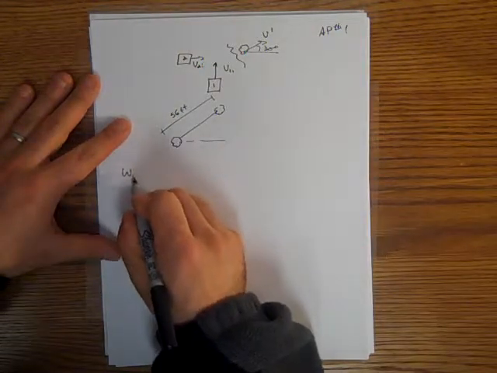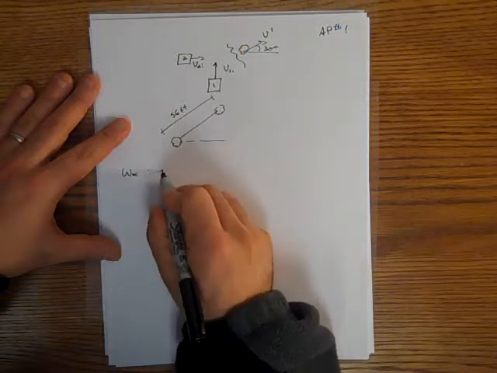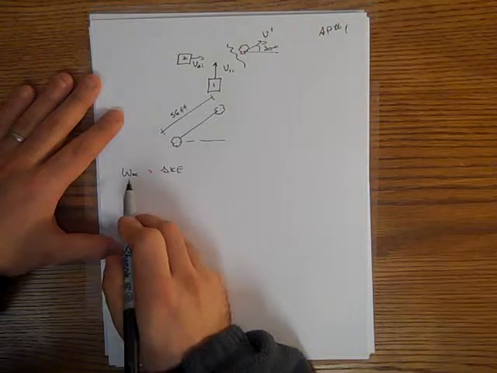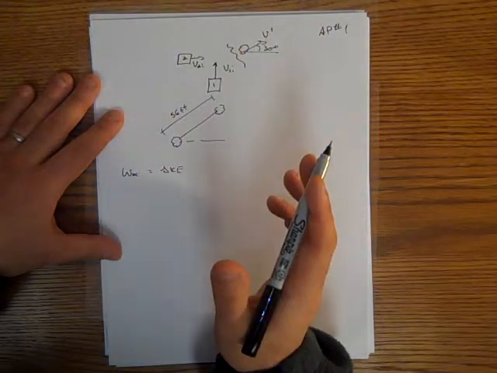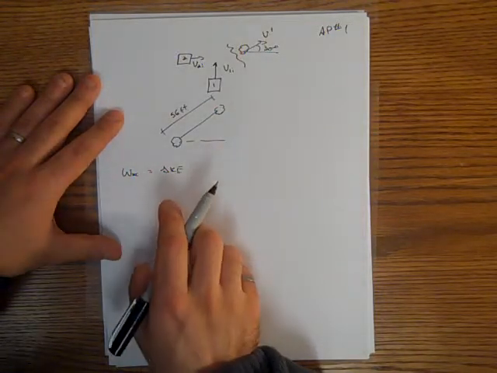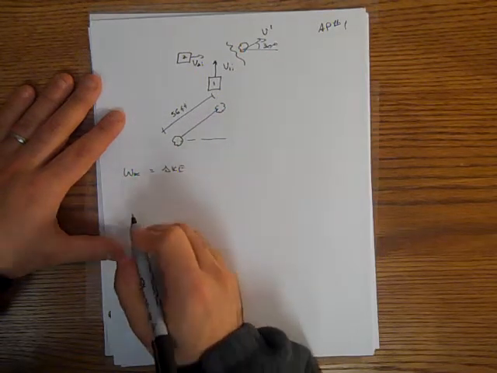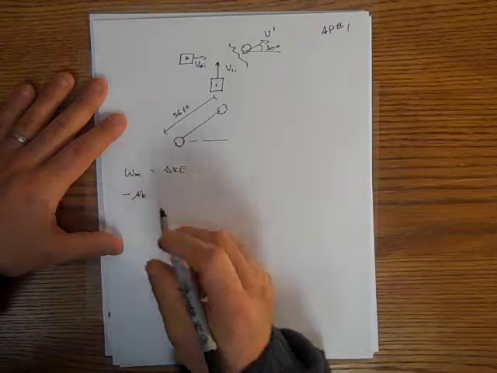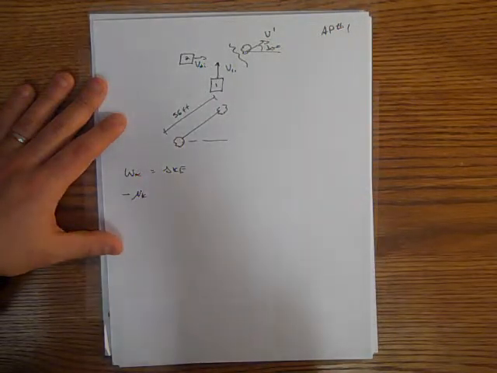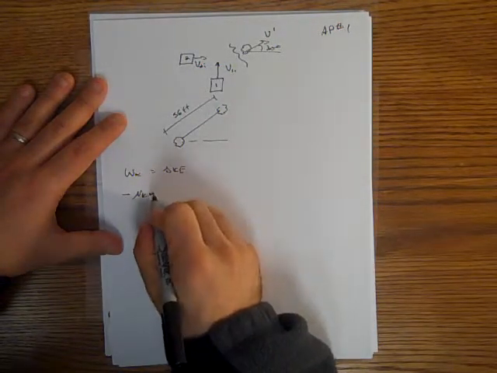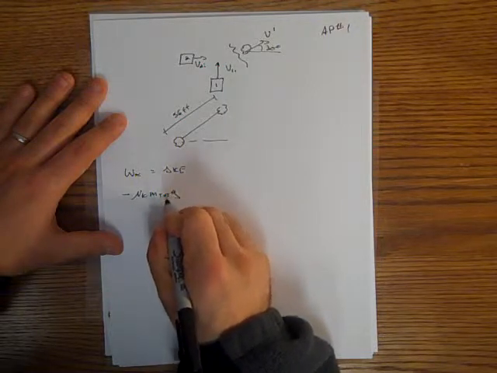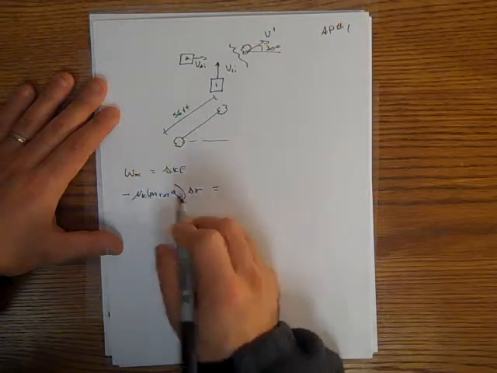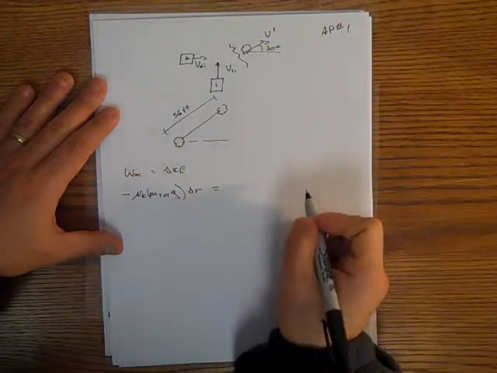The work done by non-conservative forces is going to be the change in the kinetic energy. The work done by non-conservative forces, well, that's friction, and friction acts backward relative to the motion. So we get minus the kinetic friction coefficient, which we're told is 0.8, times the normal force, which is m total times g, times the distance, which we'll call delta r, and that's going to be the change in the kinetic energy.